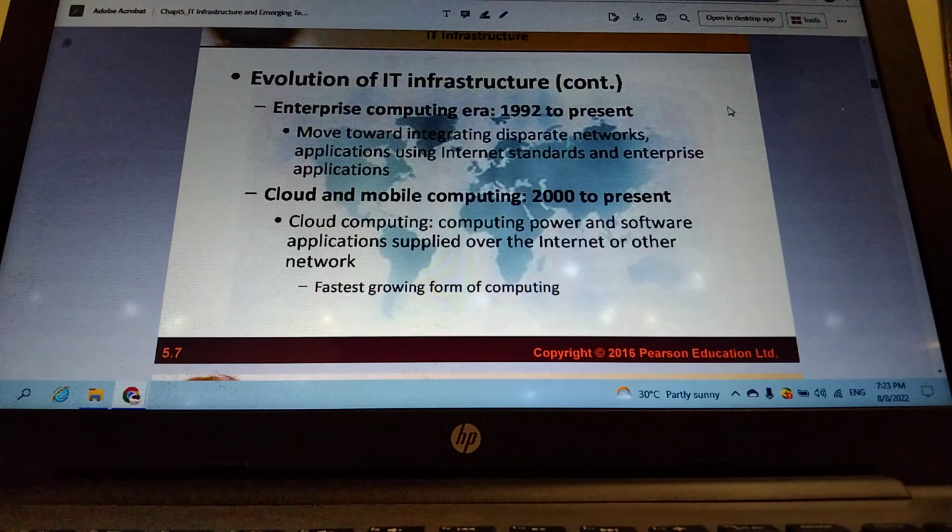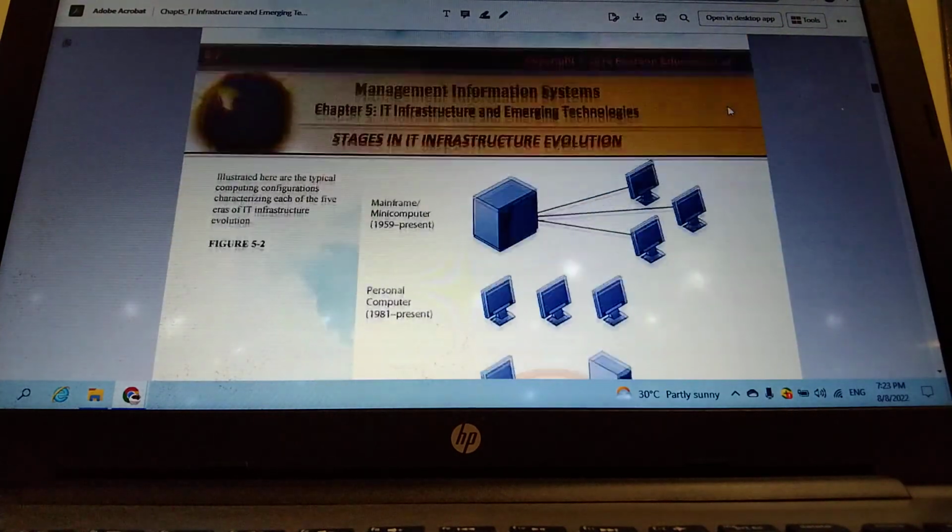It could be public, private, or remember we did talk about internet, intranet, and extranet. So cloud and mobile computing can be present in any one of these network platforms. And as I have just mentioned, it is the fastest growing form of computing today, cloud computing and mobile computing.